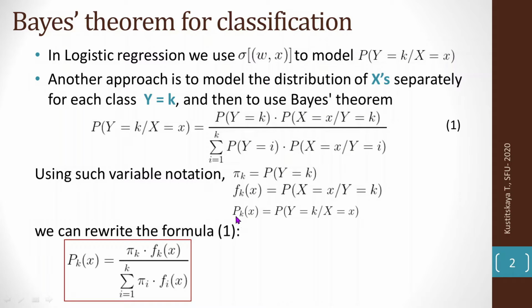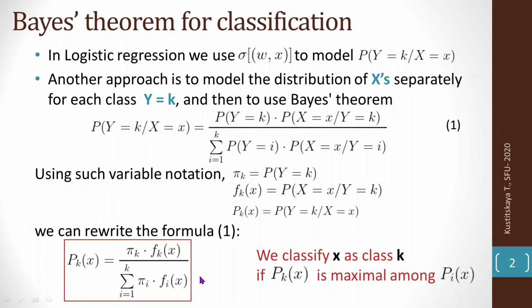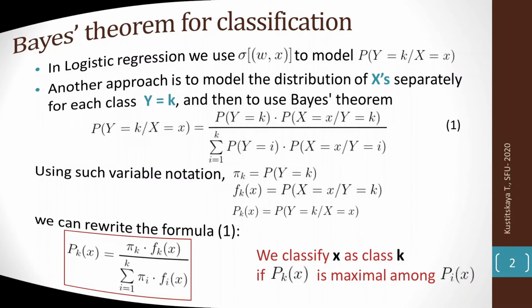And by pk of x, we denote the posterior probability that the concrete observation belongs to the kth class. Now we can rewrite the Bayes formula in a more compact way. And we classify x as class K if the probability of belonging to the kth class is maximal among all the posterior probabilities of belonging to class i.